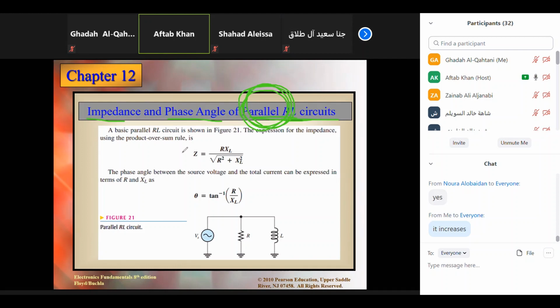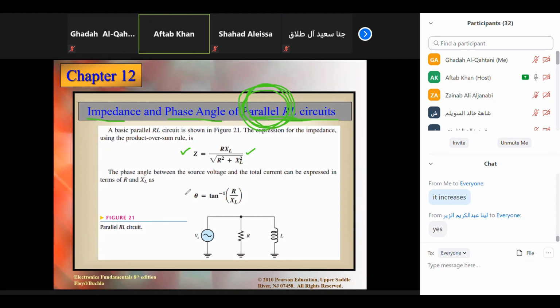It is exactly the same, product over vector sum. Rather than R·XC over the square root of R squared plus XC squared, I am writing exactly the same formula, but XC is replaced by XL. Same formula you learned for the RC circuit.